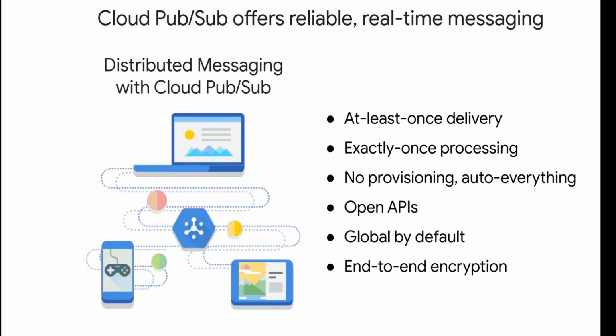Cloud Pub/Sub is able to deliver each message exactly once, with no redundant messages, for all the sources of data. No provisioning, auto everything, open APIs that consume and offer endpoint APIs, global by default, and end-to-end encryption.